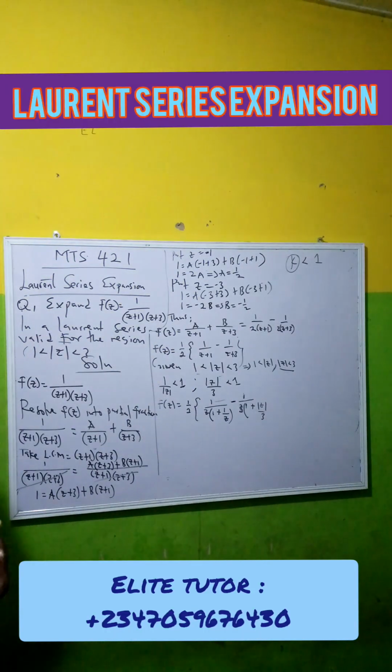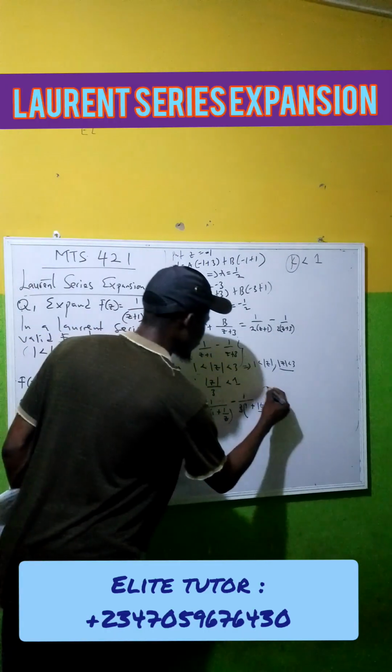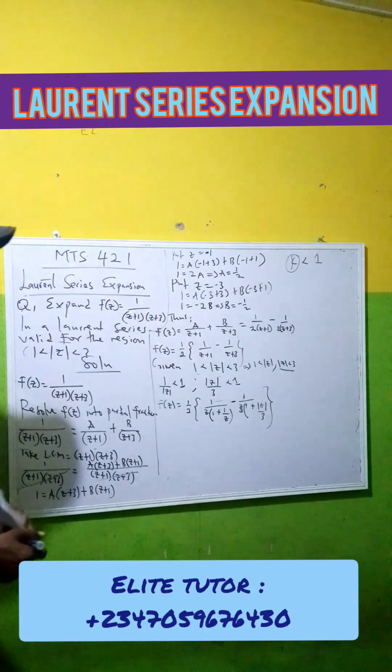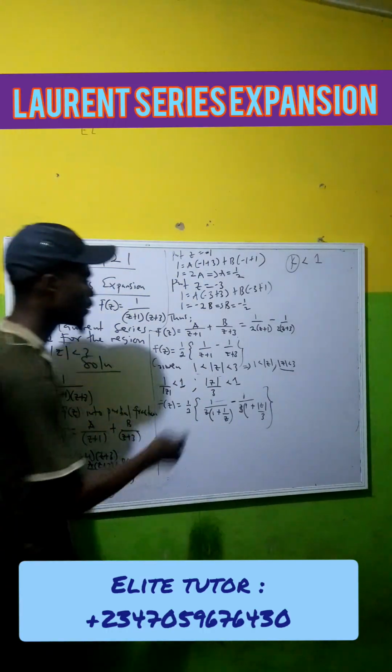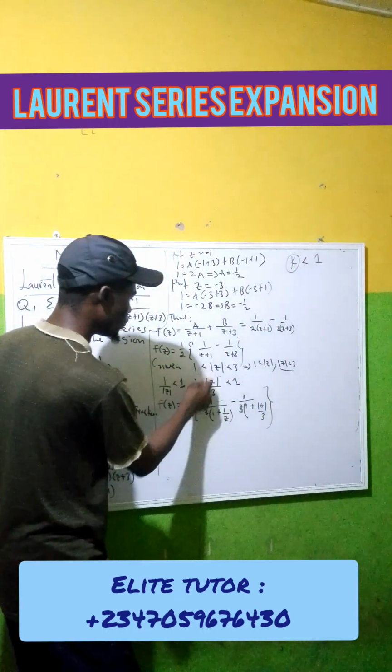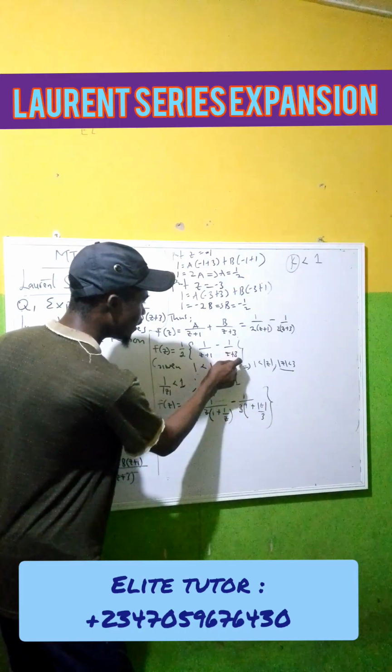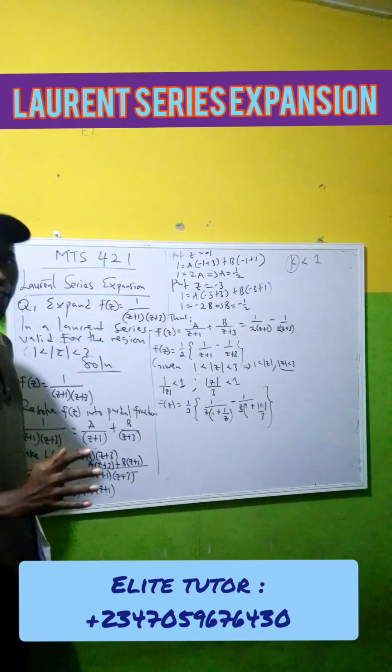No stress. That is what I'm talking about. You try to think critically. You have to find a way of solving it such that this one is going to exist in this denominator. That is how it works.